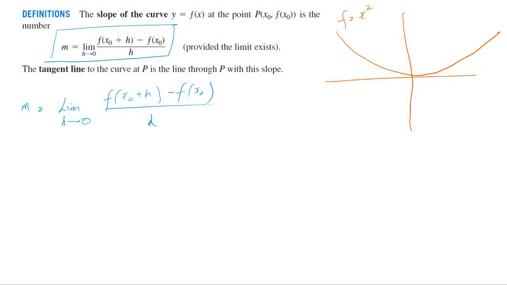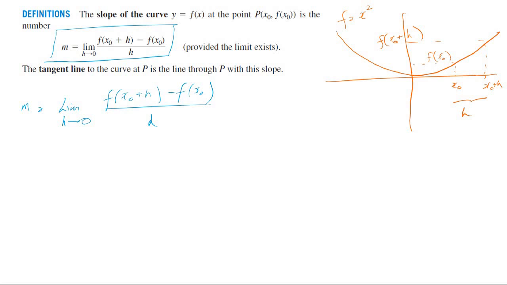If we have a point here called x0 and we select another point x0 plus h, the difference would be h units, and the y value here would be f at x0, and the value here would be f(x0 + h).